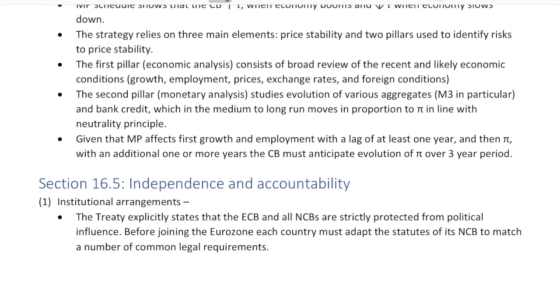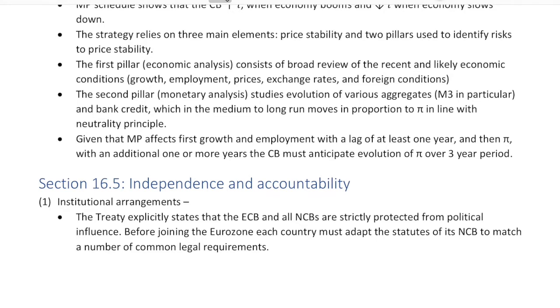So the first one is institutional arrangements, right? And what does that mean? It means that the Maastricht Treaty specifically requires that the European Central Bank and all national central banks are protected from political influence, right? And how do they do that?